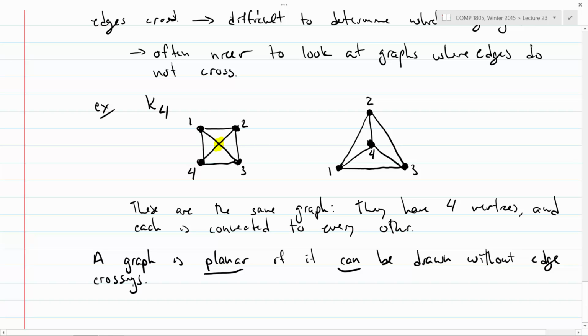And it's really, really important, so important that I will both underline and highlight it, that you see this word can.